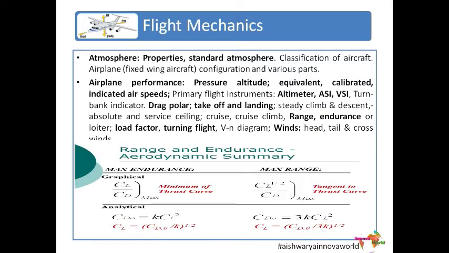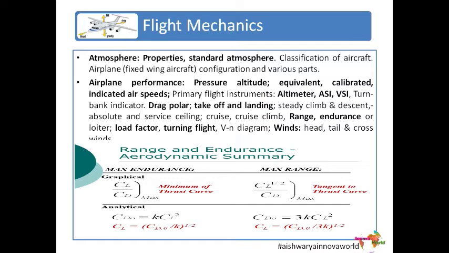Then comes our important topic, range and endurance. You know the definitions. For range and endurance, we will be studying two cases, that is jet engine and propeller engine, and each has its own formula.